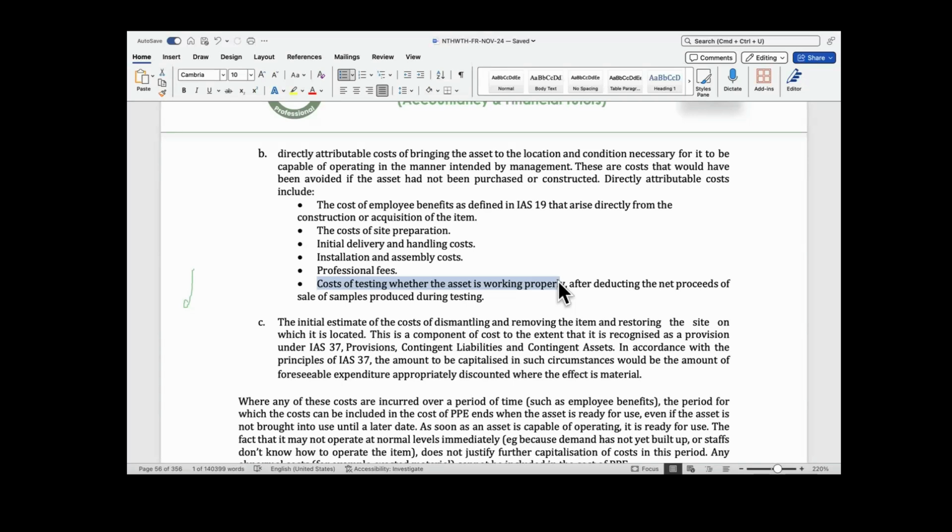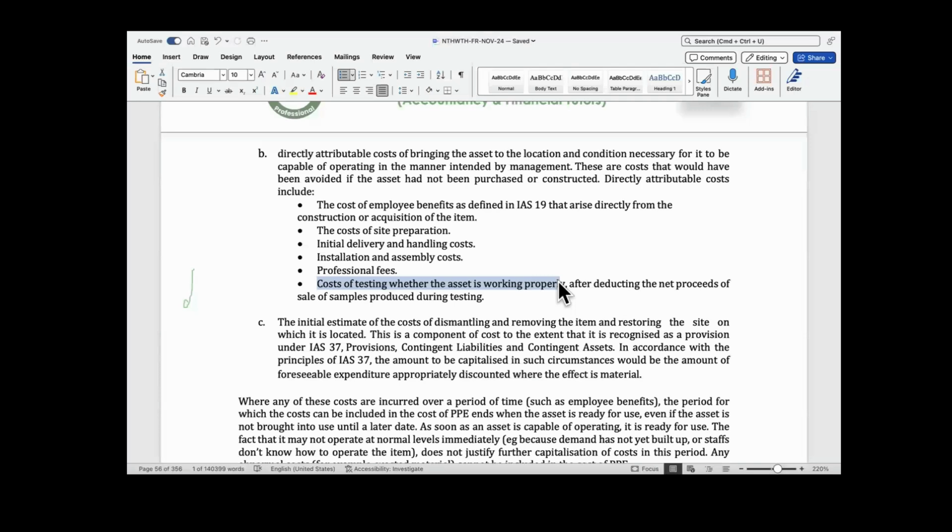However, if you now get that output and you're able to make money from selling that output, again, the output from your testing, you were able to sell it and make some money from it. You see, that money you made, you don't put it as revenue because the asset was not ready when you made that money.